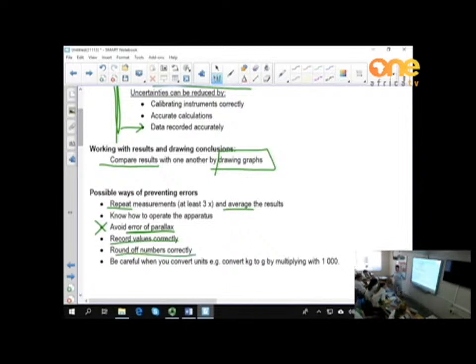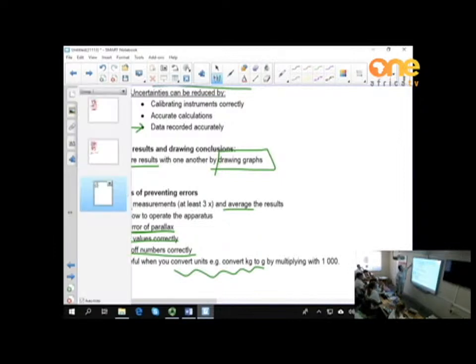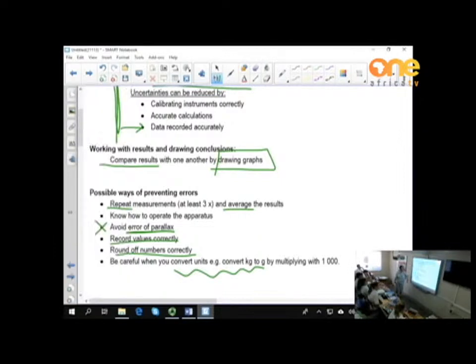You can't be more accurate than the instrument. Be careful when you convert units, converting kilogram to gram, multiplying with 1,000, converting cubic meters to cubic decimeters. You must know how to do that so that you don't make errors with that. Okay, that is the end of this whole topic at this point.